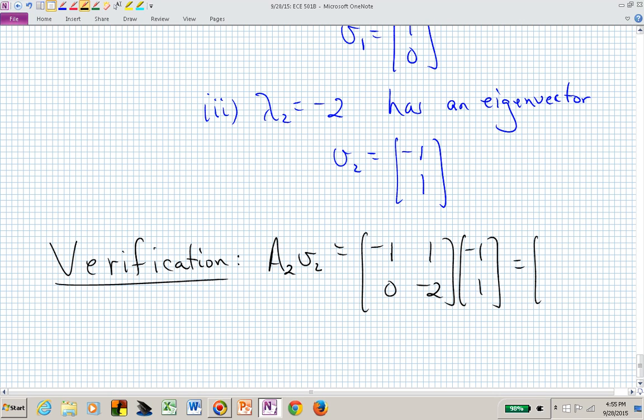And what's that? Now we scale the first column by -1, and we add to that the second column, so that now we have 1 plus 1, and we have 0 minus 2. And that becomes 2, minus 2.